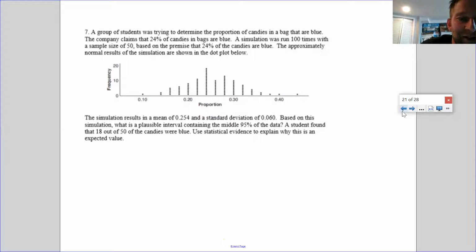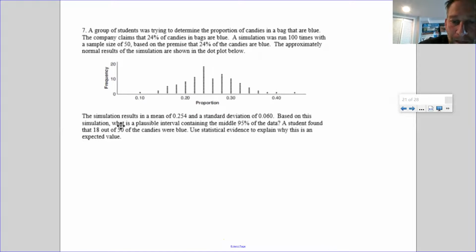It says, based on the simulation, what is a plausible interval containing the middle 95%. It's asking for the confidence interval. So again, the confidence interval is the mean plus and minus 2 times the standard deviation. There's my mean, there's my standard deviation. 0.254 plus 2 times 0.060. 0.254 minus 2 times 0.060.